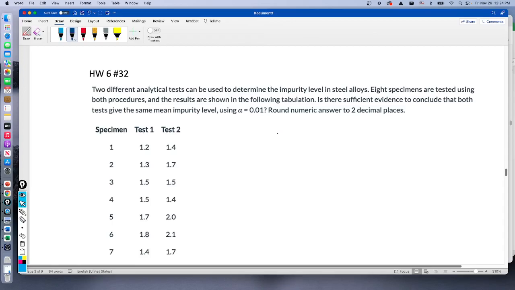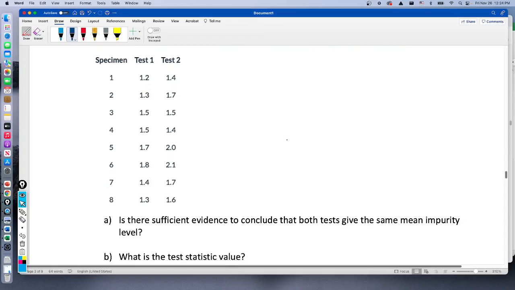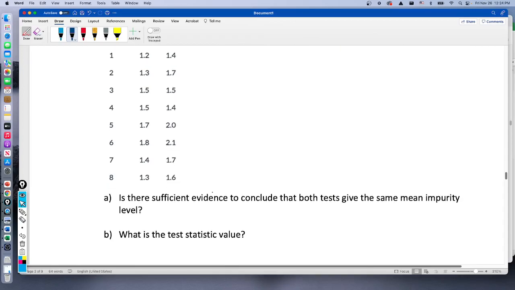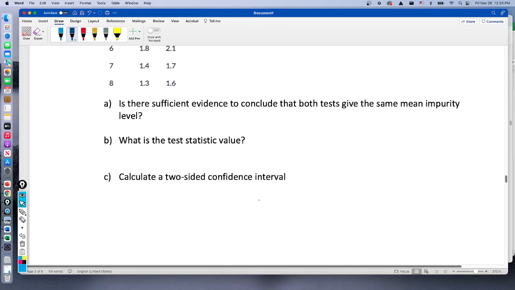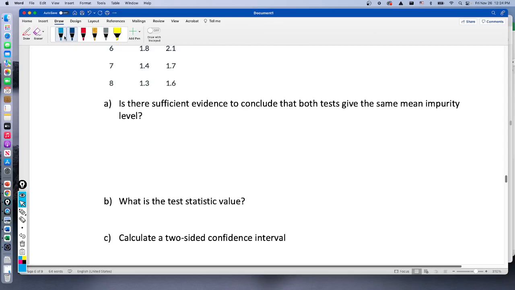So this is a two-sided test, and again, there are three different things we want to be able to answer here. Is there sufficient evidence to conclude that both tests give the same mean impurity level? So we'll start with that one.